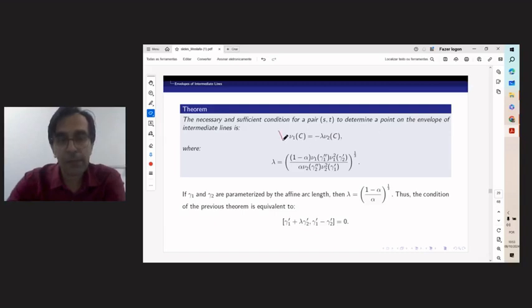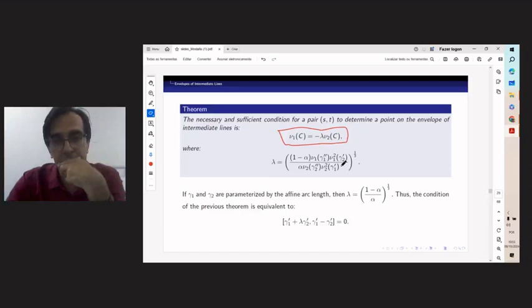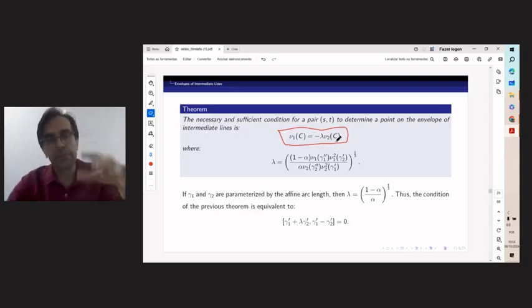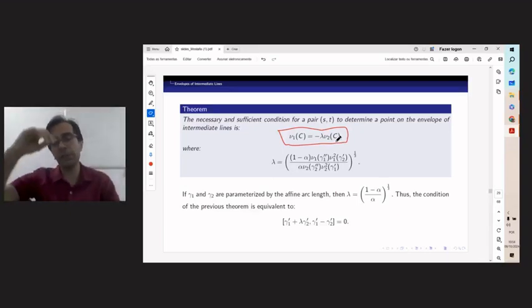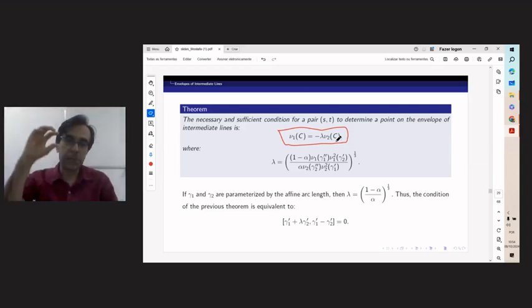We need this relation between conormals, where lambda is given by this formula. This is really important. Using this necessary and sufficient condition, we relate the parameterizations S and T.